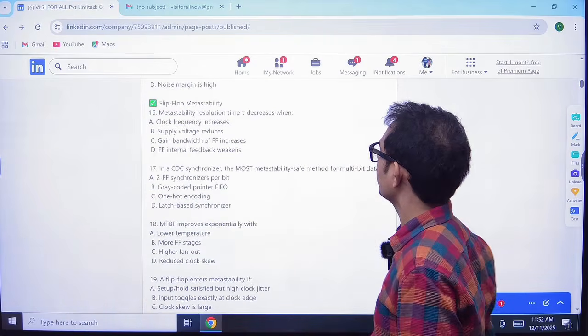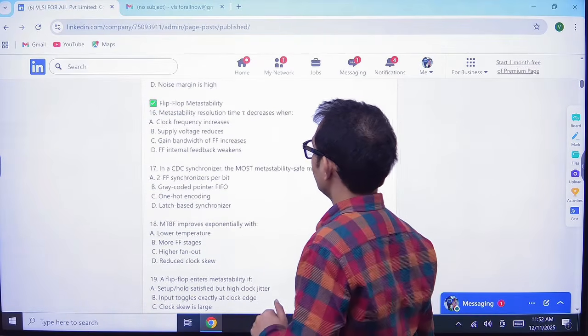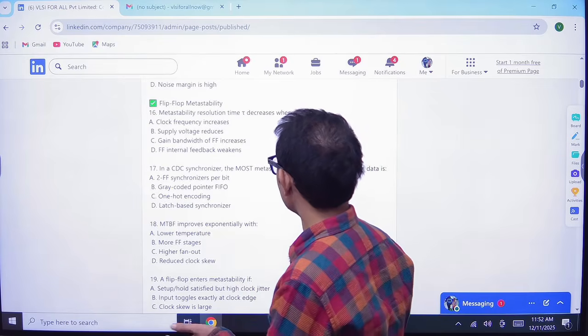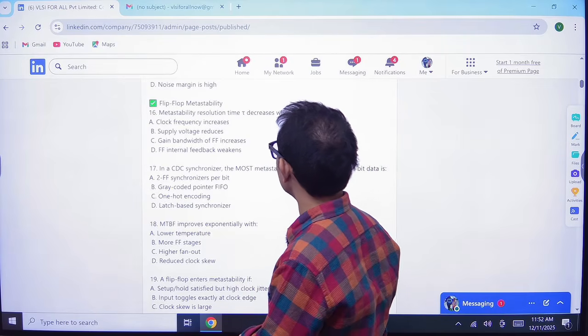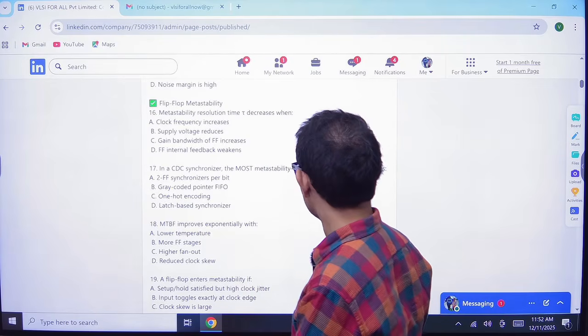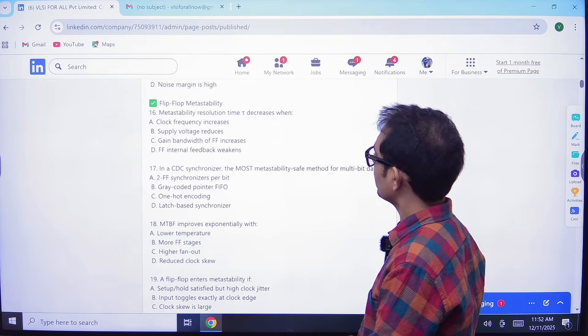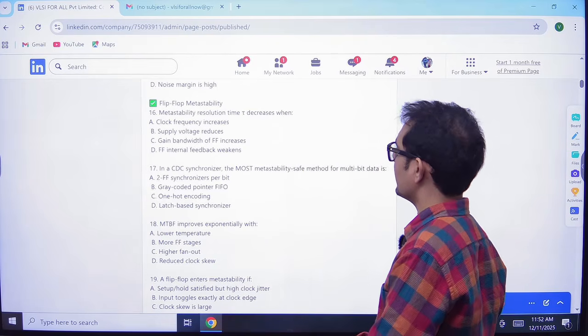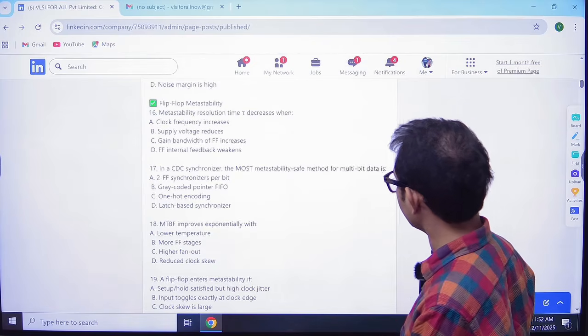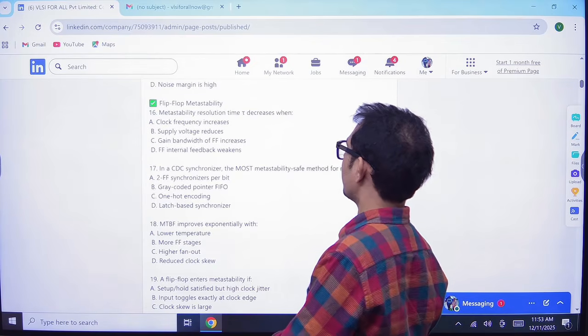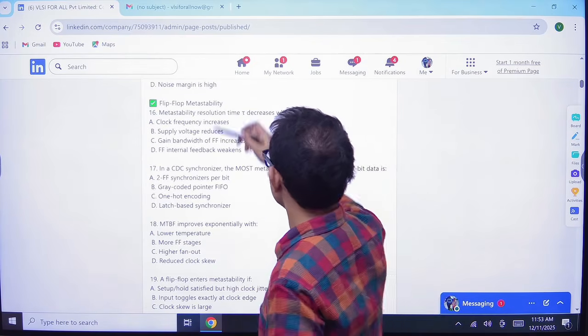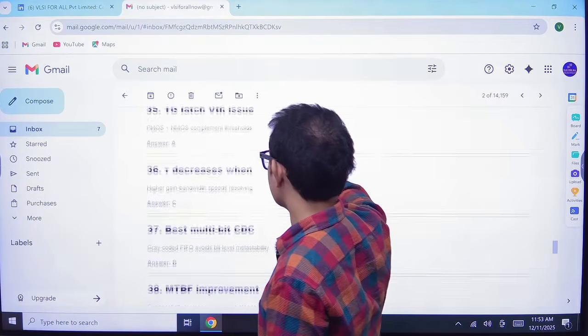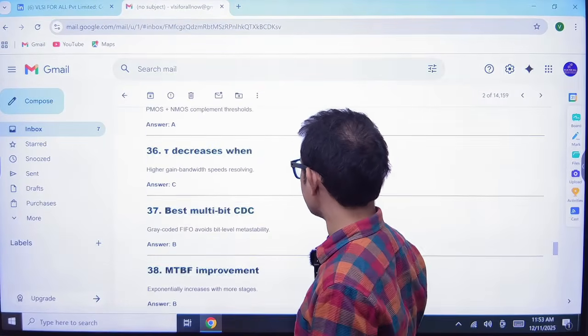Flip-flop metastability. Okay, this is the concept. Metastability resolution time decreases when clock frequency increases, supply voltage reduces, gain bandwidth of flip-flop increases, flip-flop internal feedback weakens. So correct answer is C here.